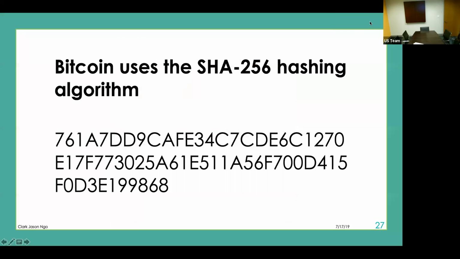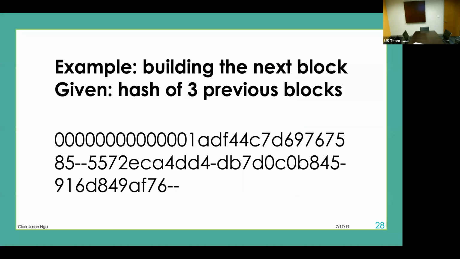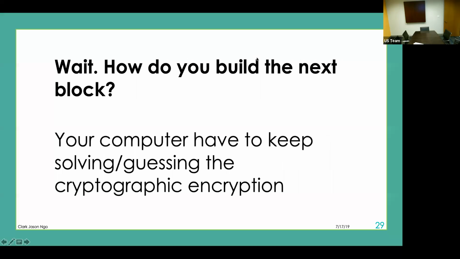So Bitcoin uses the SHA-256 hashing algorithm. Basically, it's just a bunch of numbers and letters, and that's the hash code, or what's inside a block. Okay, so let's say this is the given hash code of the three previous blocks. So it's chained together, three blocks. And let's say you want to build the next block.